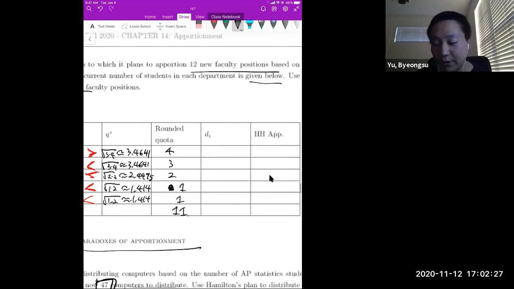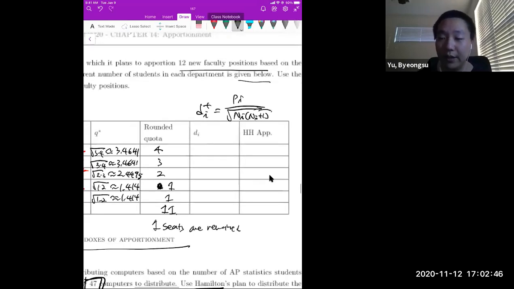So here, one seat remains. So we need to use di plus, right? And this is pi over the square root of ni times ni plus 1.